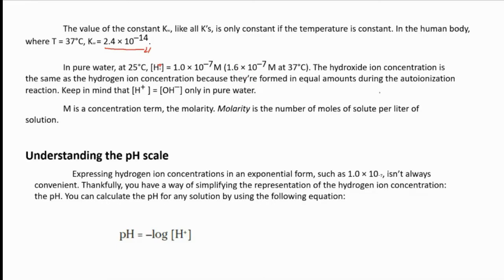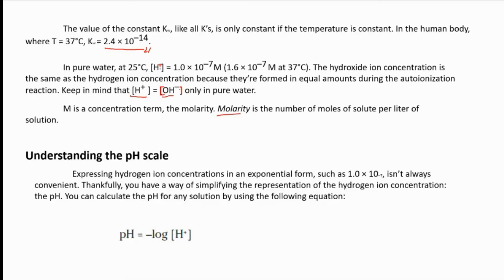So, at 25 degrees Celsius, the same yung concentration ng H plus and OH because they're formed in equal amounts during the autoionization reaction. So keep in mind that H plus is equal to OH minus only in pure water. Tapos pag bracket sila, meaning that the concentration and the unit of concentration that we use is molarity. Okay?